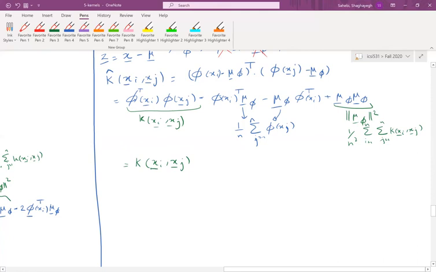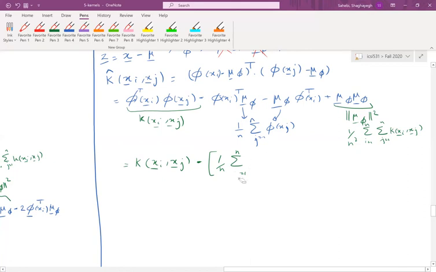I recommend you do it at home so that you can practice and learn. So it's going to be equal to k of xi and xj minus 1 over n sigma, l equals 1 to n.